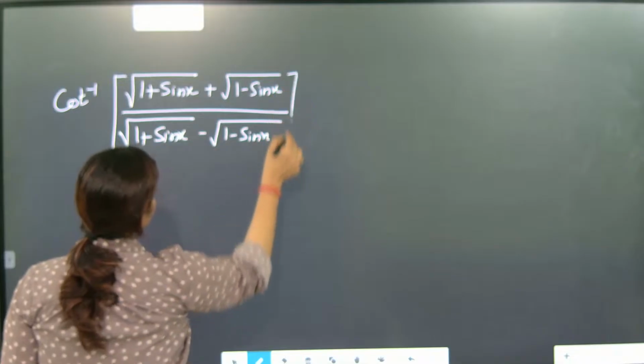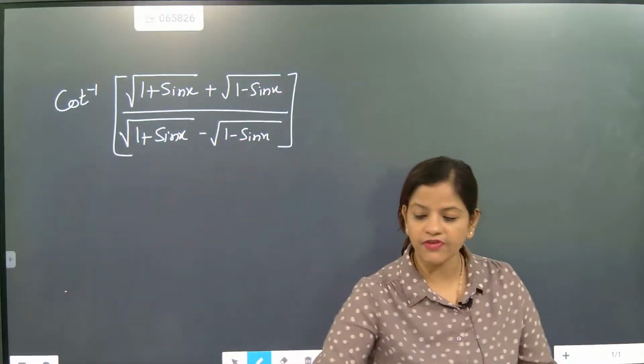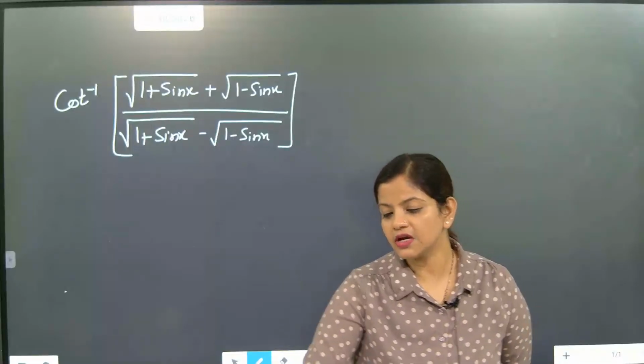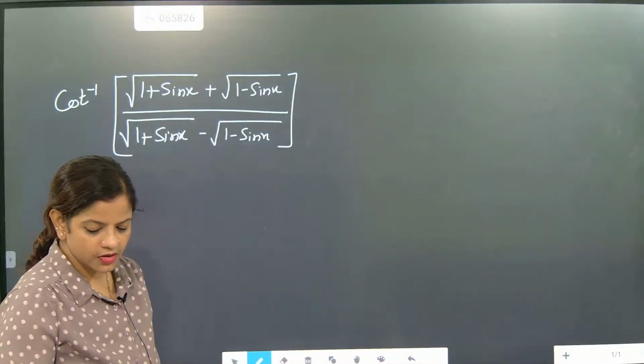Everyone try this question out. What can be the answer for this question? This is without differentiation. Come on, go for it. This is a 5-mark question and the limits are between 0 to pi. I hope you might have understood this one.